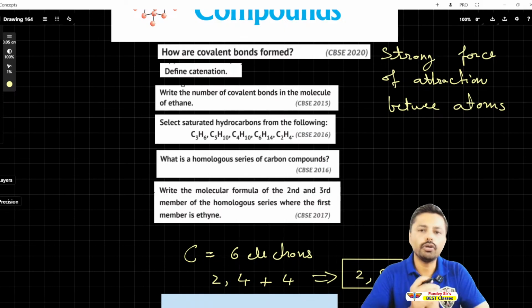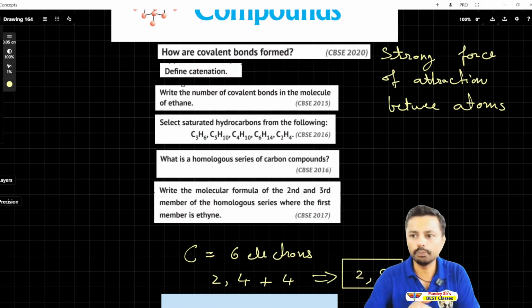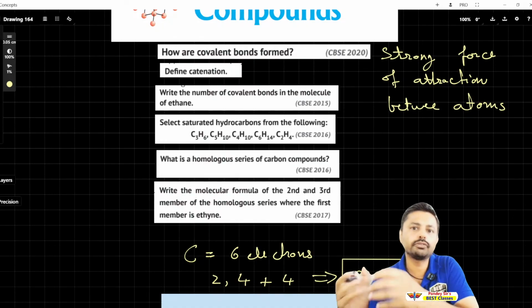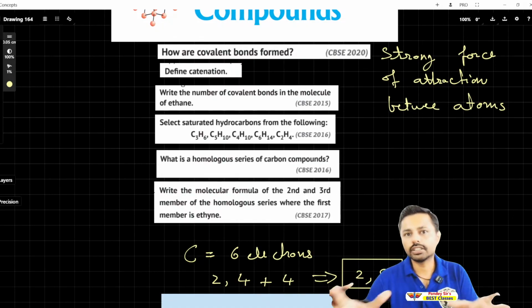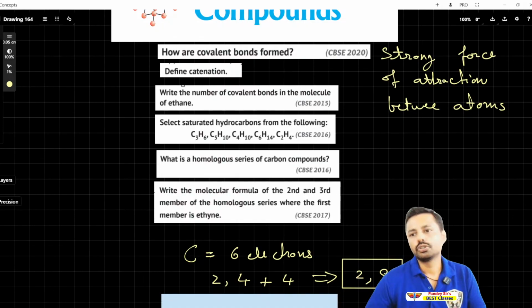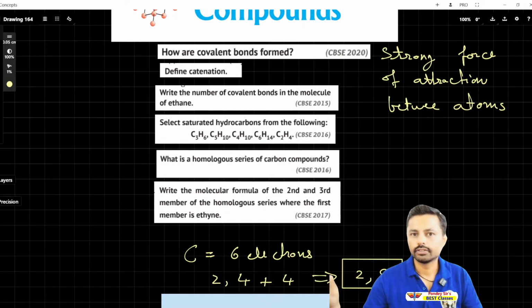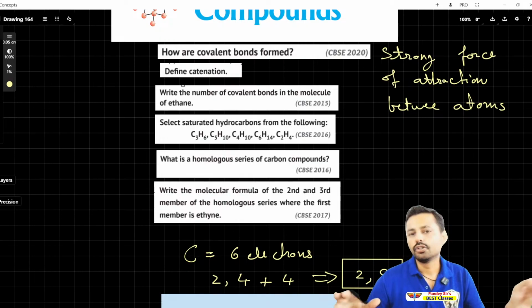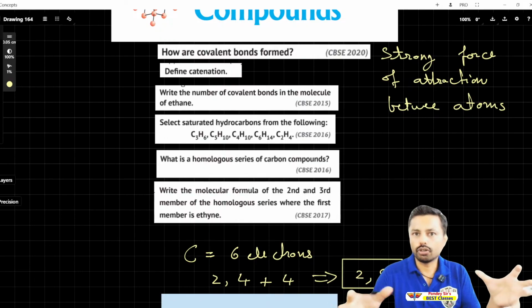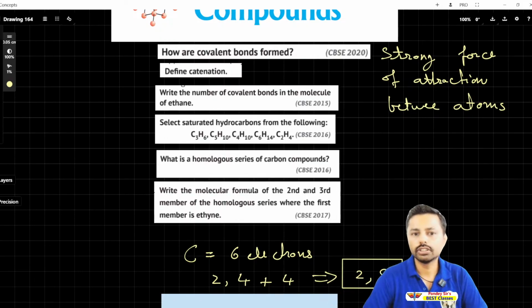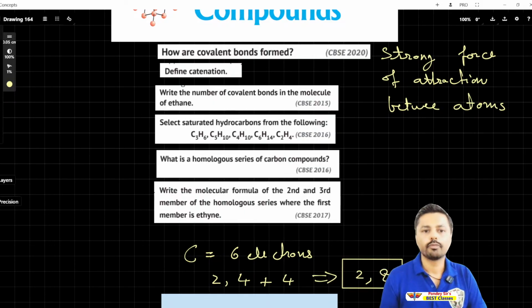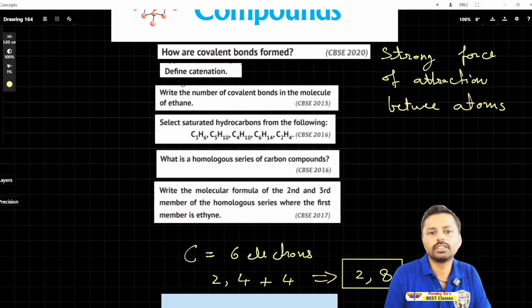If the football team is a very strong group, it's like a strong force of attraction between the atoms. But this team doesn't care about the other teams. So it's like a weak force of attraction between molecules. Now I think it's clear. So what can have a strong force of attraction between molecules? Those are ionic bonds.